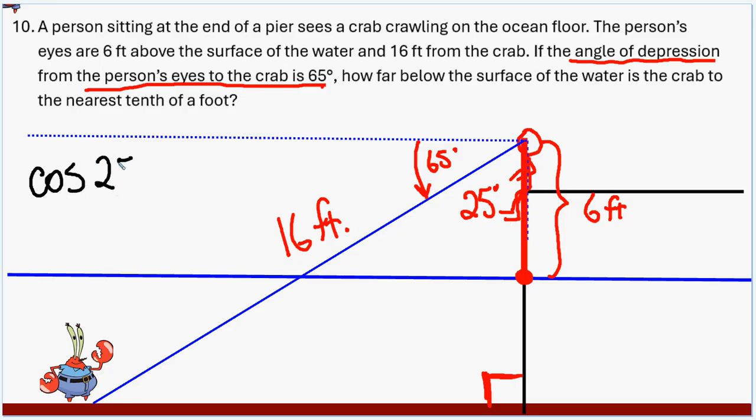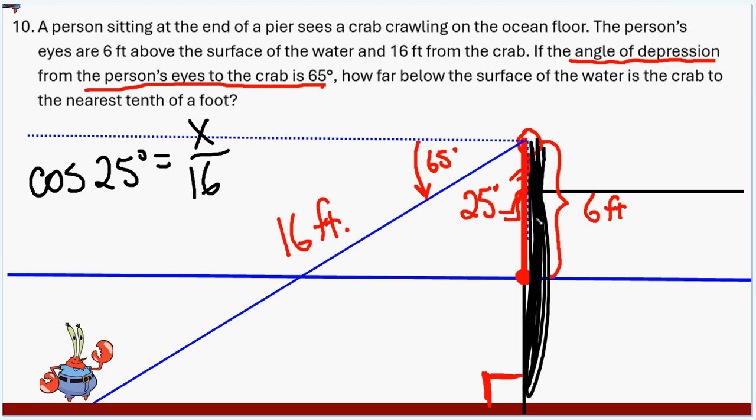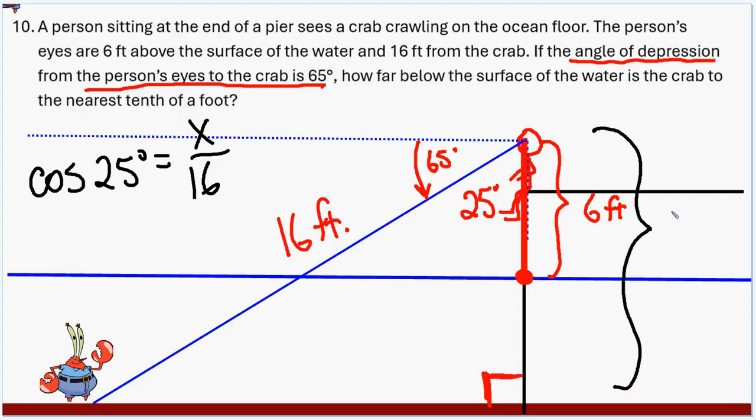The cosine of 25 degrees equals adjacent, let's call it x, divided by hypotenuse 16. And if we plug that into our calculators, we should get our x, which would be this entire side here, is about 14.5 feet. So this entire side is 14.5 feet.